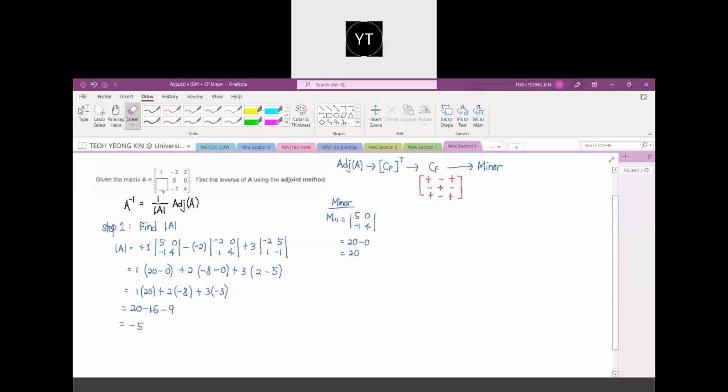Next is M12. For M12, close this one, close this one. We have negative 2, 0, 1, and 4. So here is negative 8 minus 0, which is negative 8. And then M13.